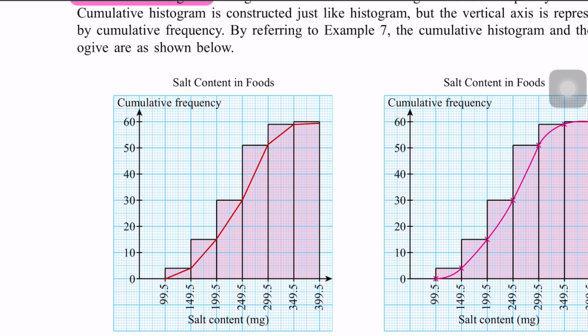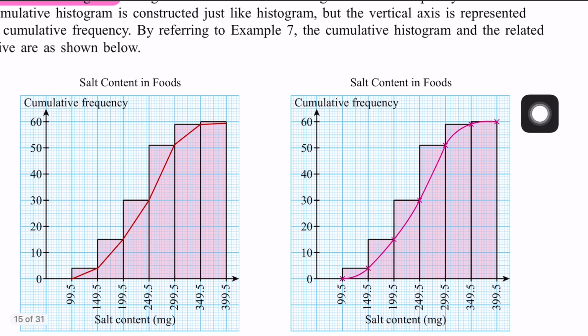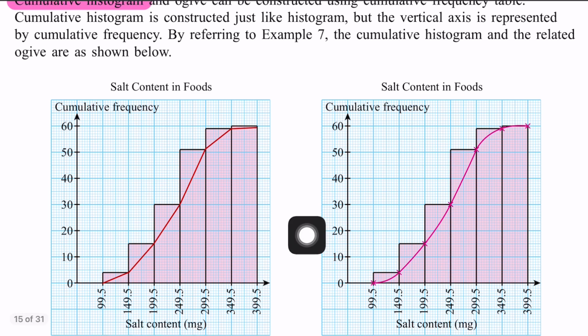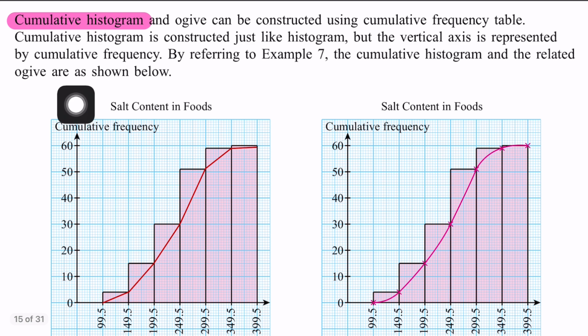Dia sebenarnya membentuk ogive ni. Boleh? So kalau soalan nak melukis cumulative histogram, so this is the histogram that you should draw. Kalau histogram biasa, kalau kita draw a histogram, so histogram just guna frequency. But if the question asks you to draw cumulative histogram, so you need to use cumulative frequency instead of frequency.